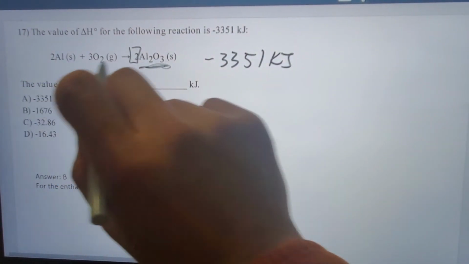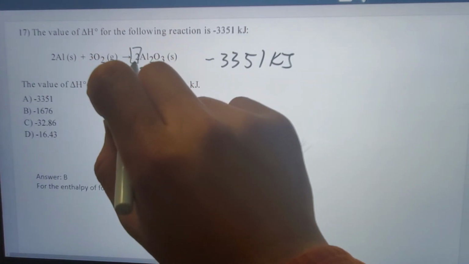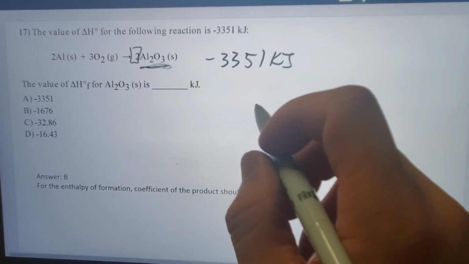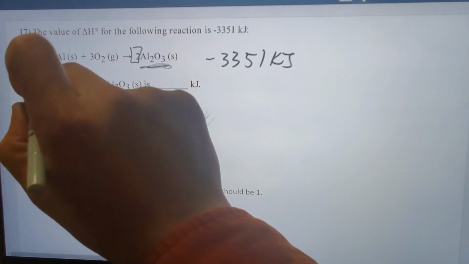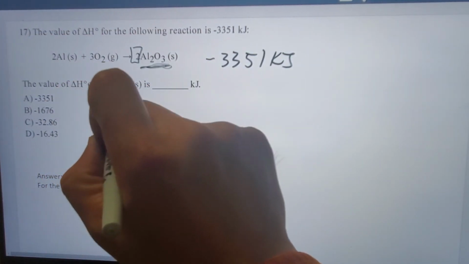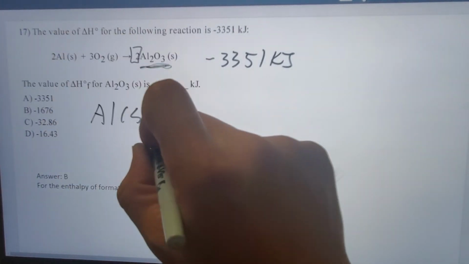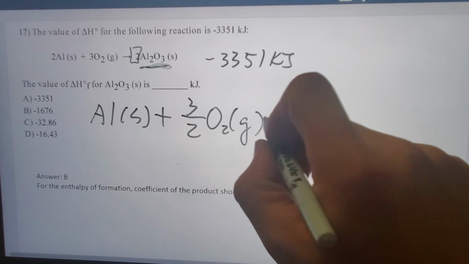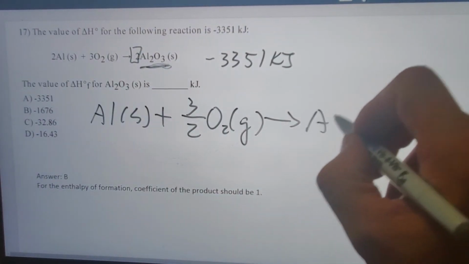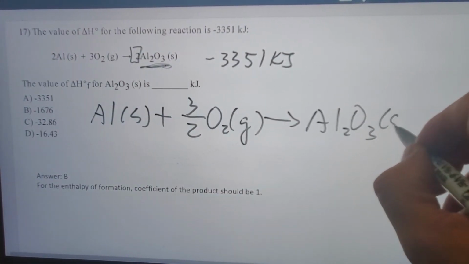All right, so this is not the formation enthalpy because the coefficient is 2. So I have to divide everything by 2. This divided by 2, I have Al. This divided by 2, I have 3/2 oxygen. And that will give me Al2O3 solid.